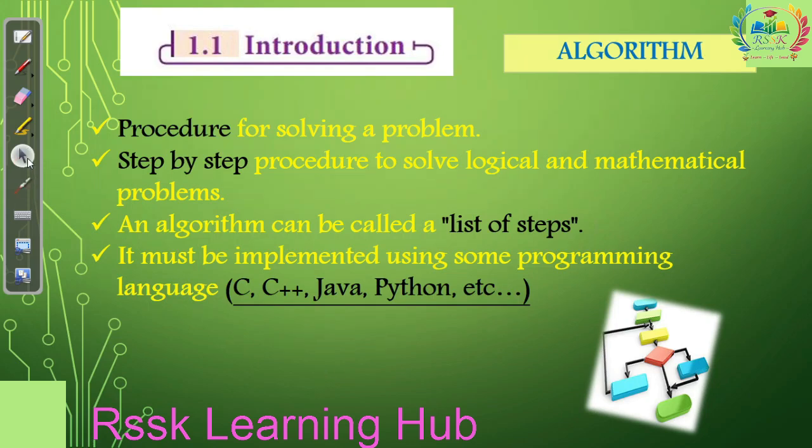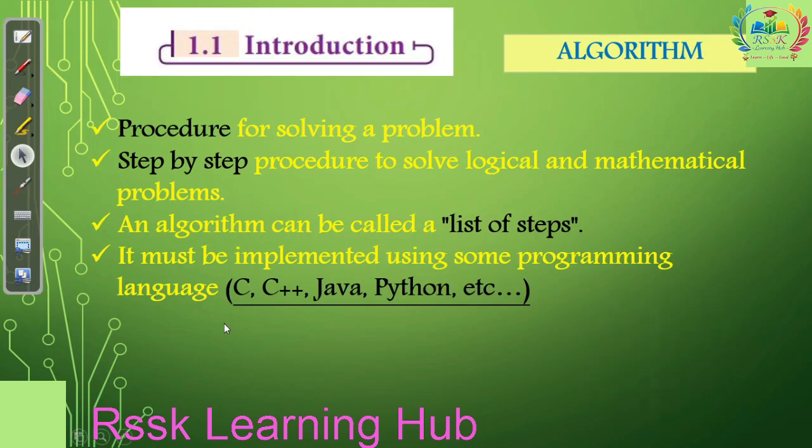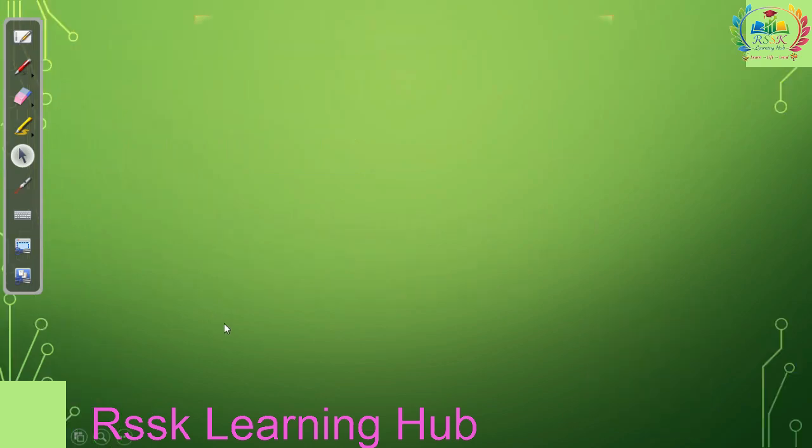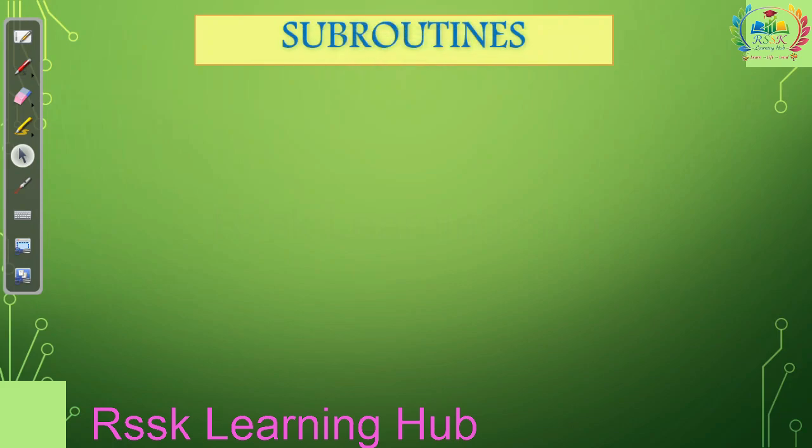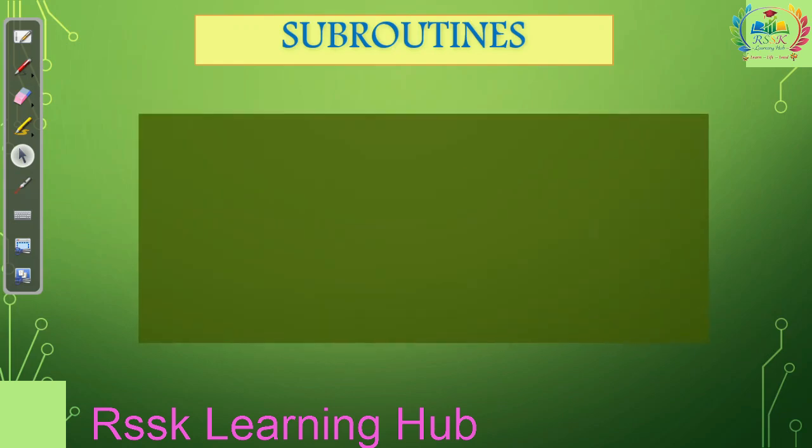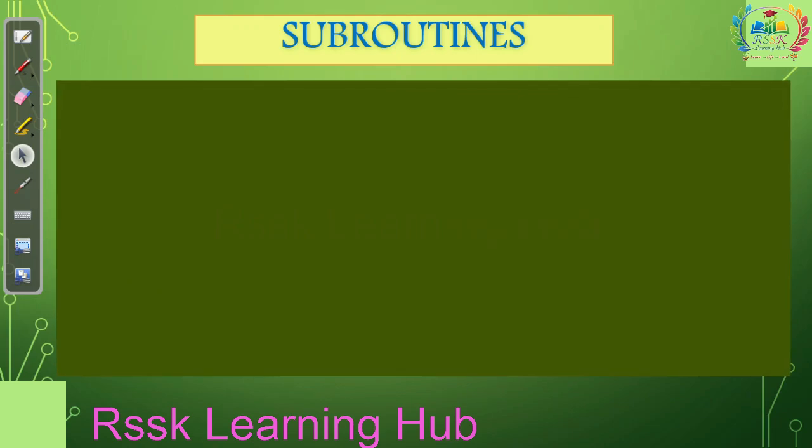Next, we have to learn about subroutines. What is a subroutine? This is the next part you have to know before going to functions. By seeing the name itself, what can you identify?